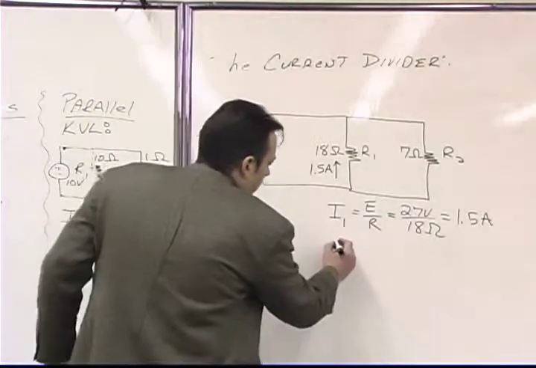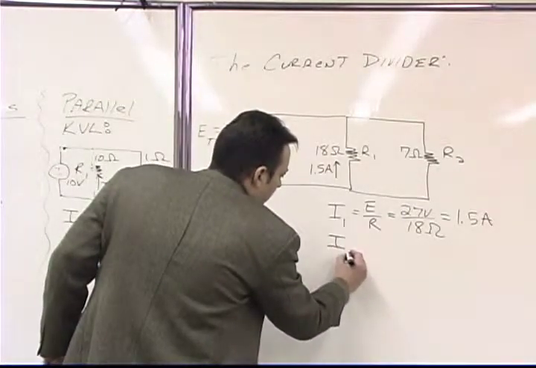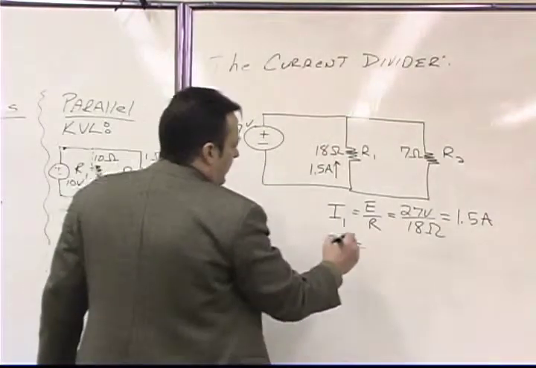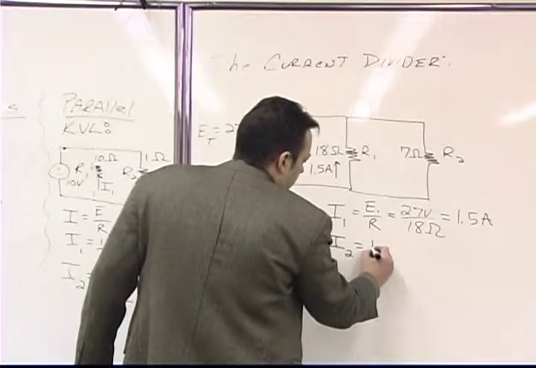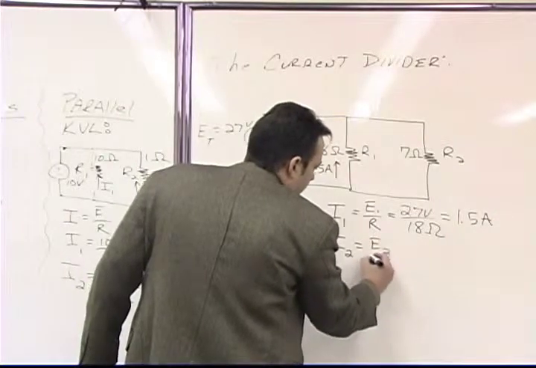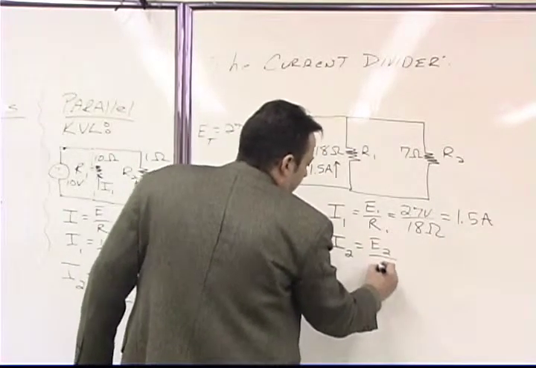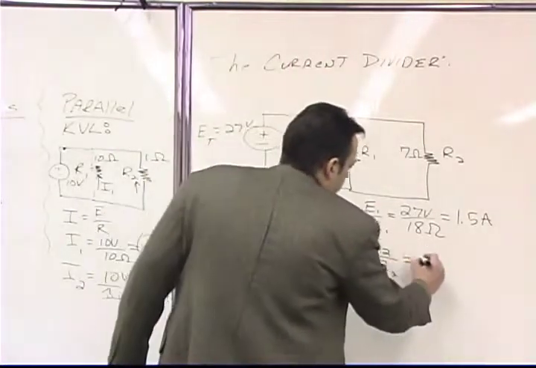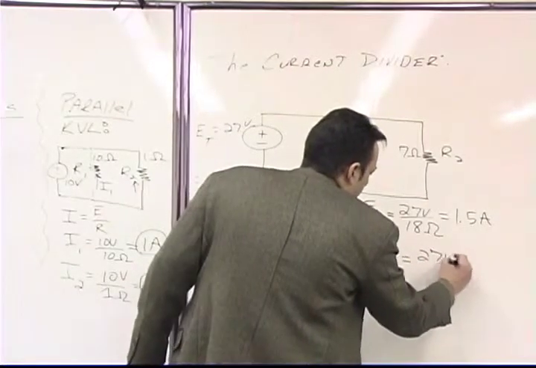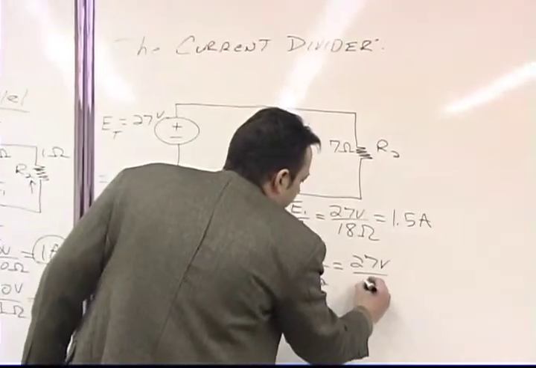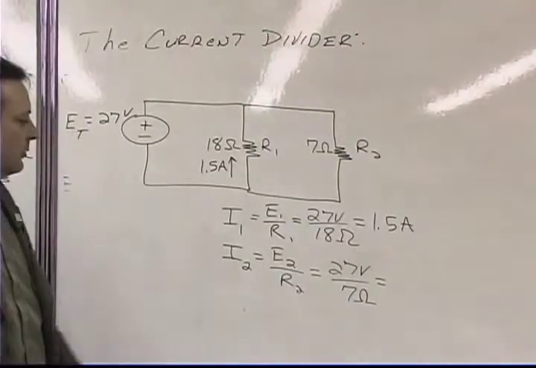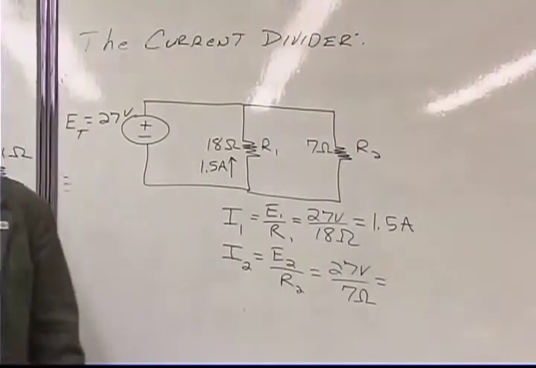So if we want to calculate the current flowing in resistor 2, that's equal to the voltage drop across resistor 2 divided by resistor 2. That's simply equal to 27 volts divided by 7 ohms. When you put that in your calculator, what's 27 divided by 7?